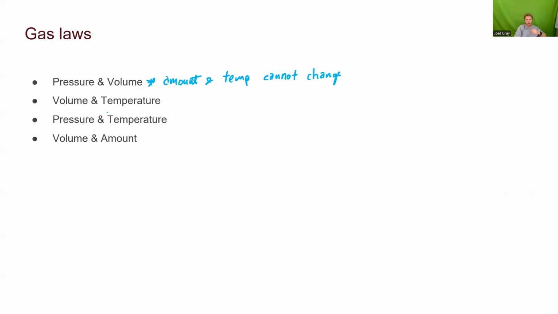The volume and temperature, when you're talking about that relationship, well, the amount of the gas and the pressure of the gas do not change. So basically, when we're looking at a relationship between these 2 variables, then the other 2 variables remain unchanged.